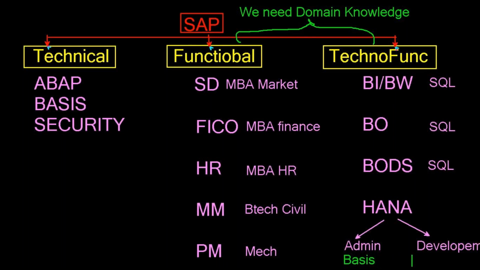If you want to learn SAP HANA development, BI or BW is the domain knowledge, the domain experience. And coming to ABAP, if you want to learn SAP ABAP, you should have experience in C++, COBOL.